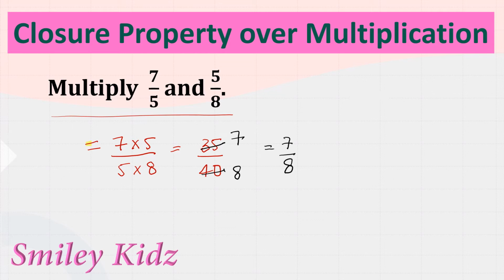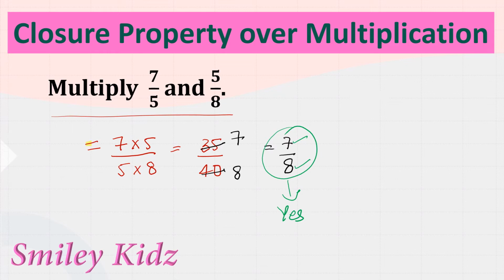Is 7 by 8 a rational number? Yes, it is a rational number because it is in the form of p by q, where p and q are integers and q not equal to 0. So, rational numbers are closed under multiplication as well.